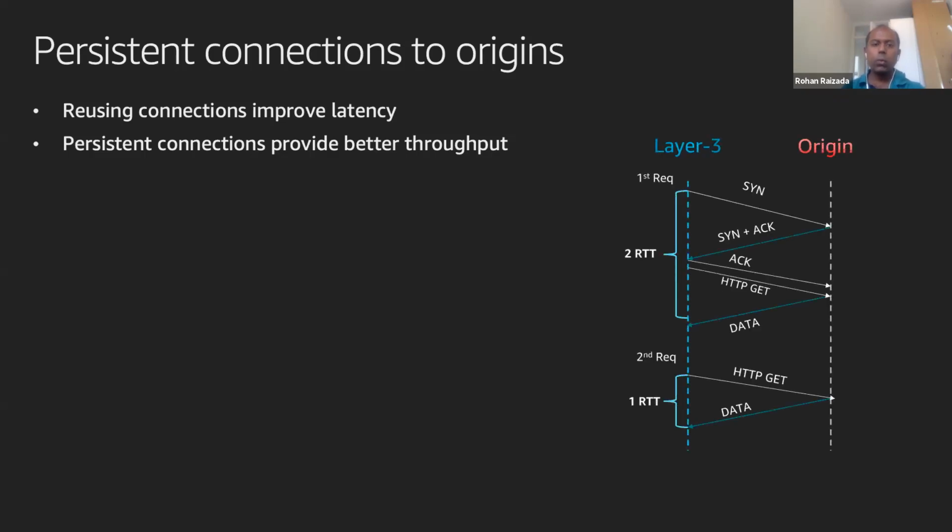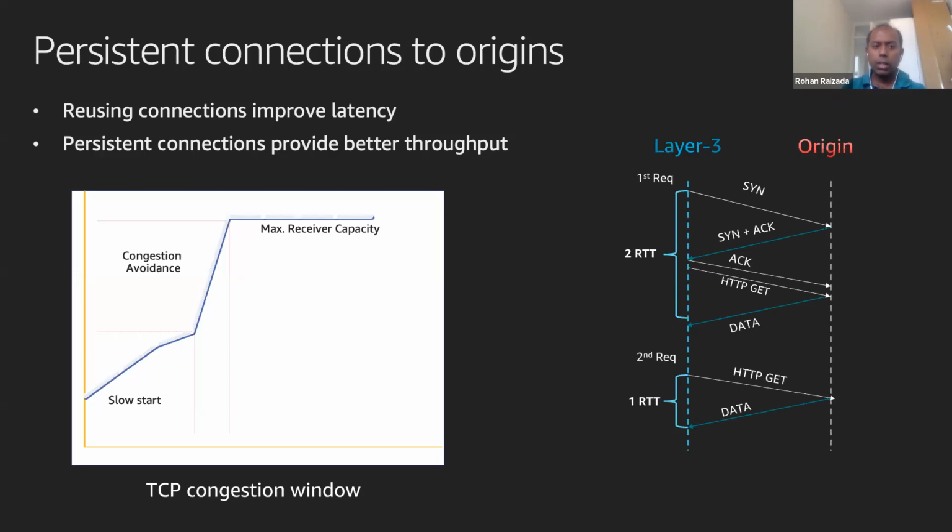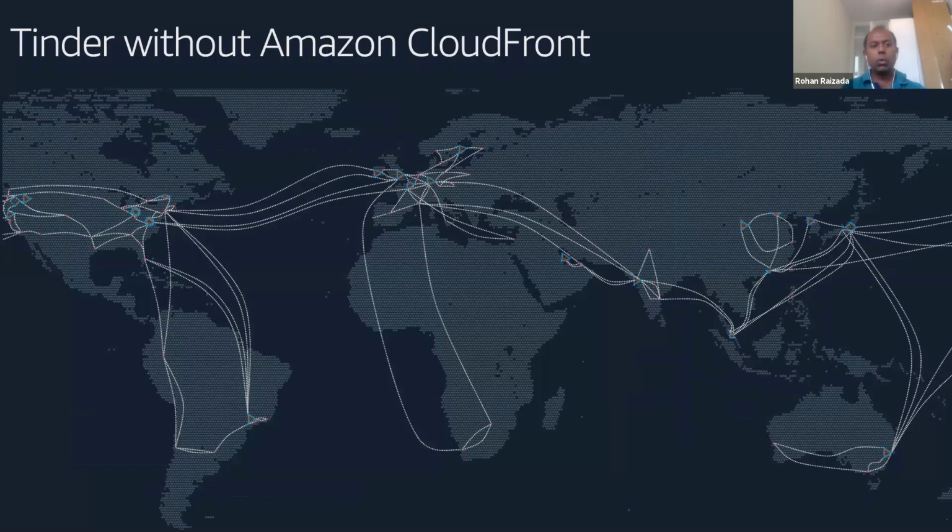Just to give you one example, one of the real customer case studies. So Tinder, I think everybody knows Tinder, and I'm sure maybe some of you are using it. Tinder was having latency issues from across the globe.